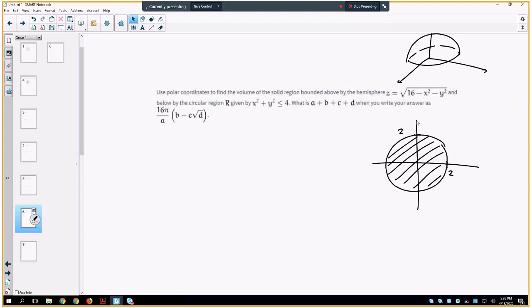All right, so this would be 2 and 2 on my x and y. We have the upper hemisphere sitting on top of that circle. So that's the function we want to integrate.